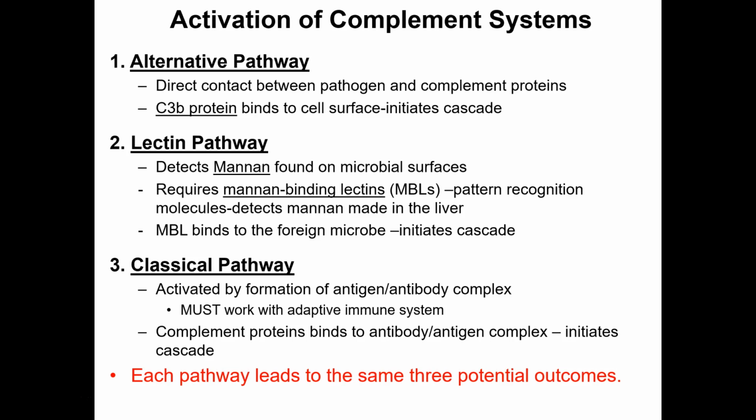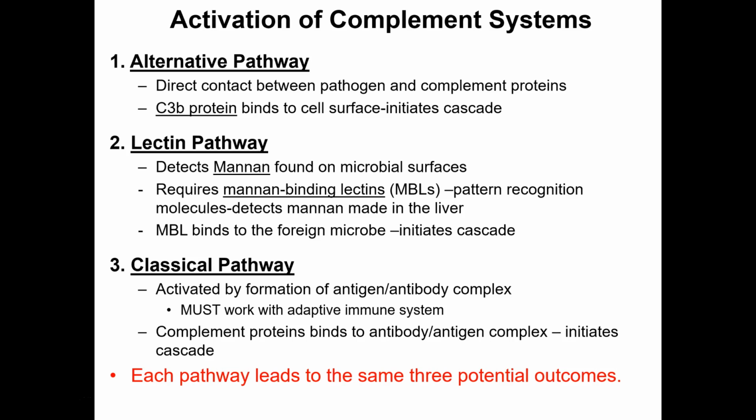Now, the classical pathway, which is the first one discovered by humans, involves something we haven't talked about yet, antibodies. So, when you have a pathogenic bacteria in your body, and you produce antibodies to target it, the antibodies just bind to that pathogen. The little red stick guys here, these are antibodies.